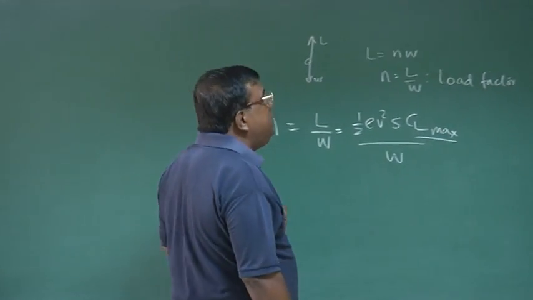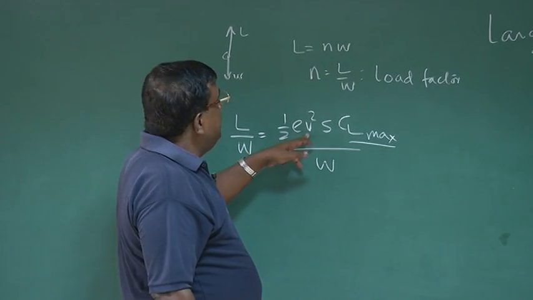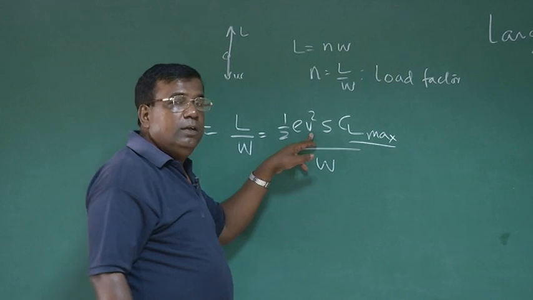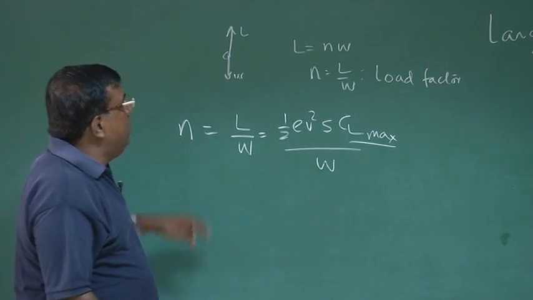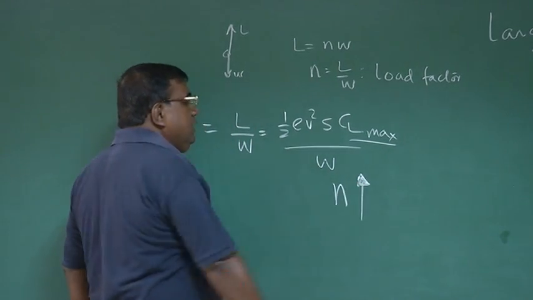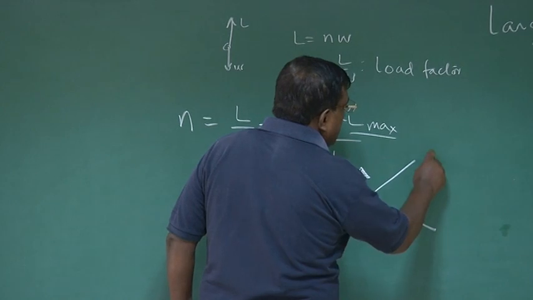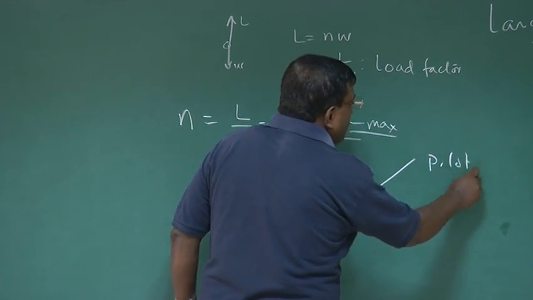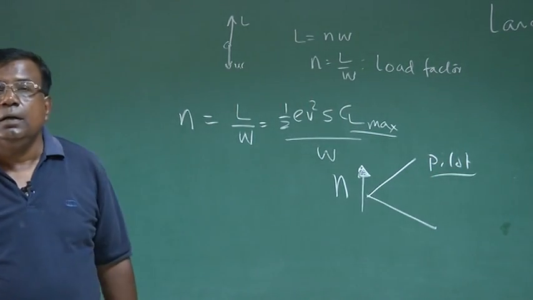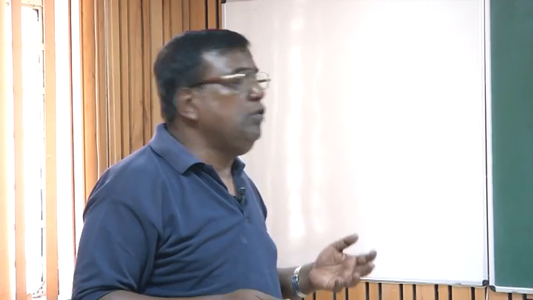However, even if those things are taken care of, the problem is that as I increase V, the load factor goes on increasing, and there are two issues. One is that the pilot, who is a human being, will be flying this machine, and the human mechanism has a limitation on the load factor.